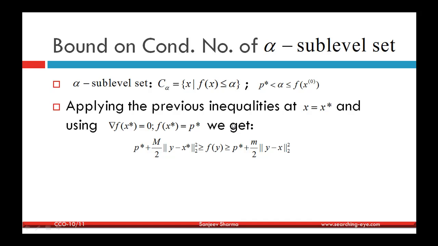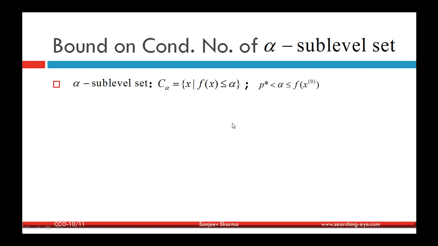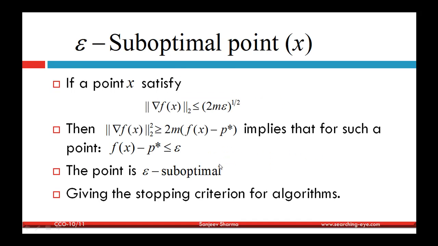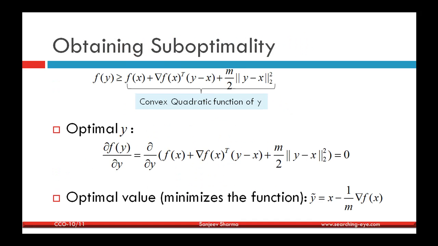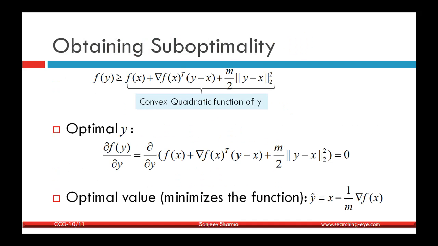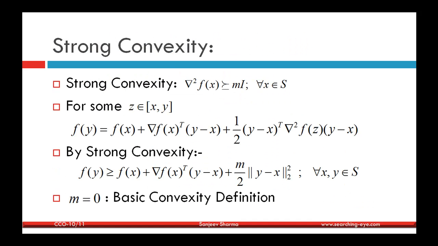So applying the previous inequalities at x equal to x star, we have two inequalities. The first one is that f of y should be less than or equal to this function, and the second one is that f of y should be greater than or equal to this function.